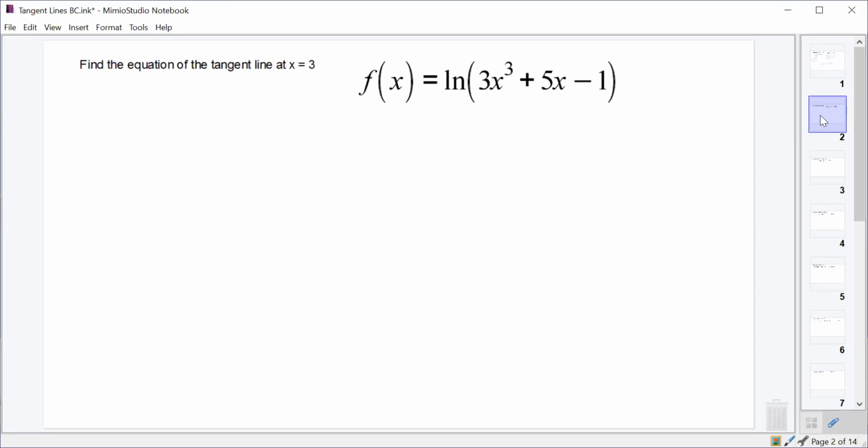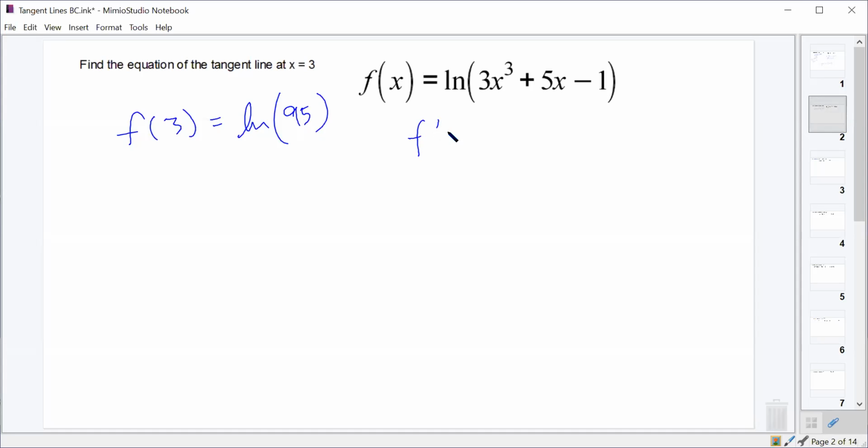Let's find the equation of the tangent line at x equals 3 of this function. What do we need to do? We need to find f of 3, right? What's f of 3? The natural log of 95. Yeah.